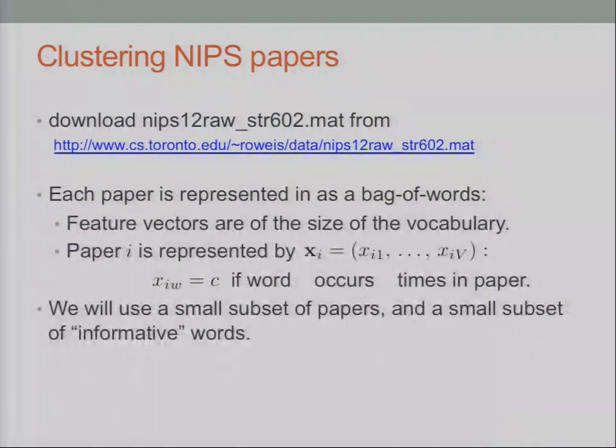So this data represents each NIPS paper as a bag of words representation, which means the feature vectors are of the size of the vocabulary, V. So there are V words in our vocabulary, and paper i is represented by this vector of dimension V, whose entries are set to the number of times a particular word occurs in that document.